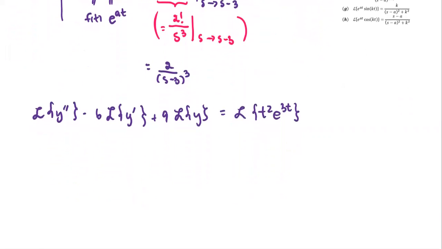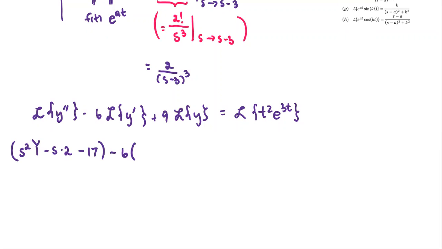For the first one, the Laplace of y double prime is s squared multiplied by the capital Y, which is the Laplace of y, minus s times y at 0. y at 0 is 2, so multiply by 2, minus 1 times the next order of the initial condition, which is y prime at 0, or 17, so minus 17. This group is from the transform of the second derivative.